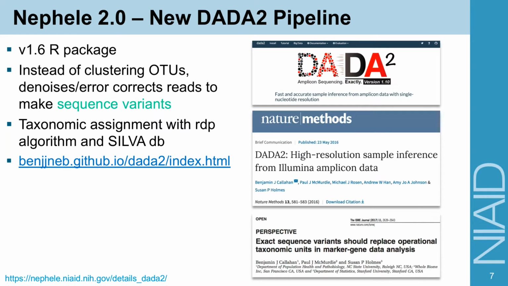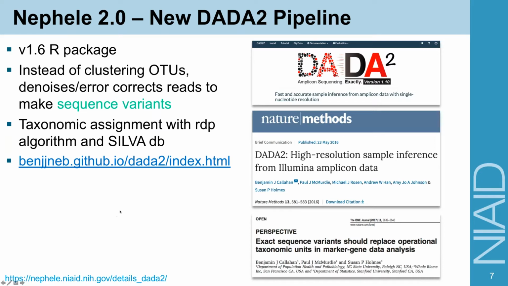And this produces these error-corrected, and if you have paired end reads, merged sequences that are called sequence variants. That's what the DADA2 authors call these sequences. And then these sequence variants are assigned taxonomy using RDP, and we're using the Silva database for DADA2.